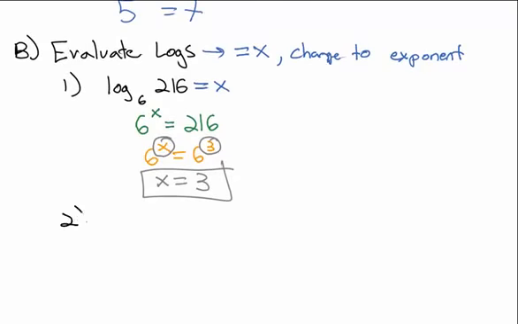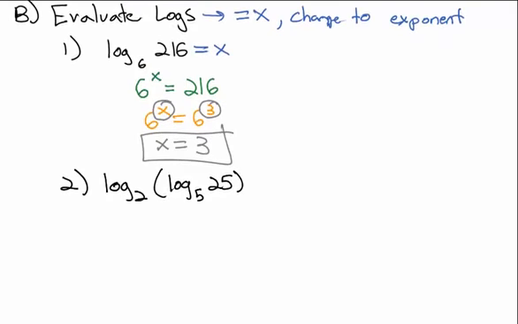We can even take a look at what is log base 2 of log base 5 of 25. Well, first starting inside parentheses, because that's what order of operations tells us to do, log base 5 of 25, we make that equal to x.